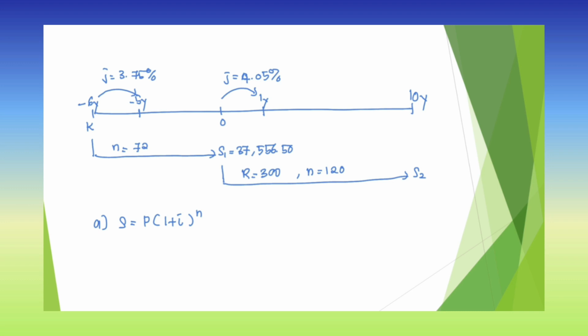So K is the principal, S is 37,556.50. K(1 plus 0.0375 over 12) to the power of 72. Therefore, K equal to RM 30,000.